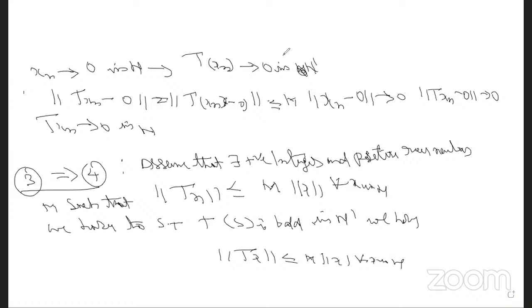In particular, the norm of P of x is less than or equal to M times the norm of x for all x in N. What is N?